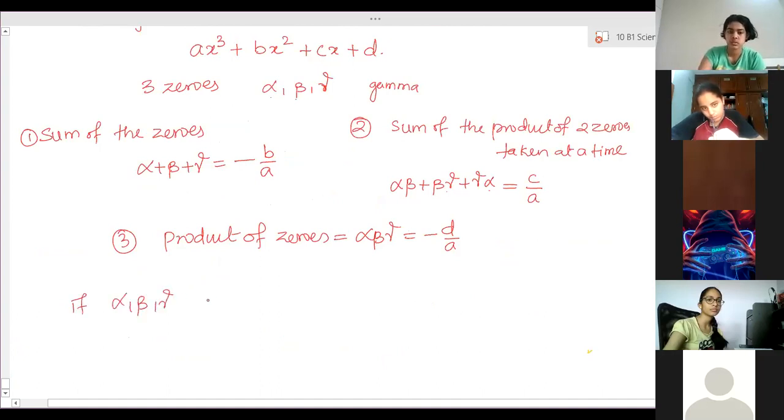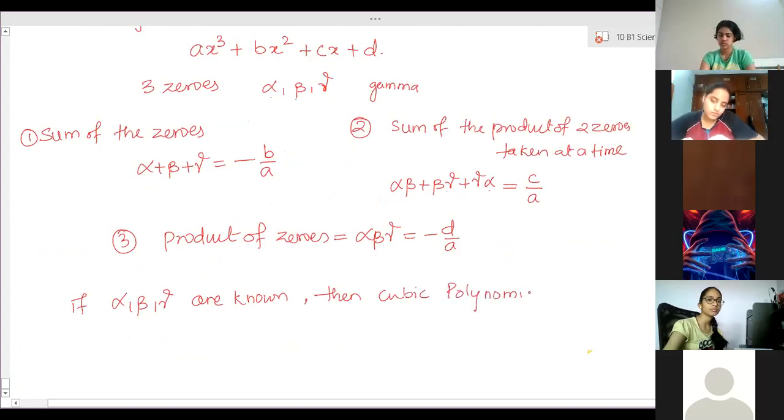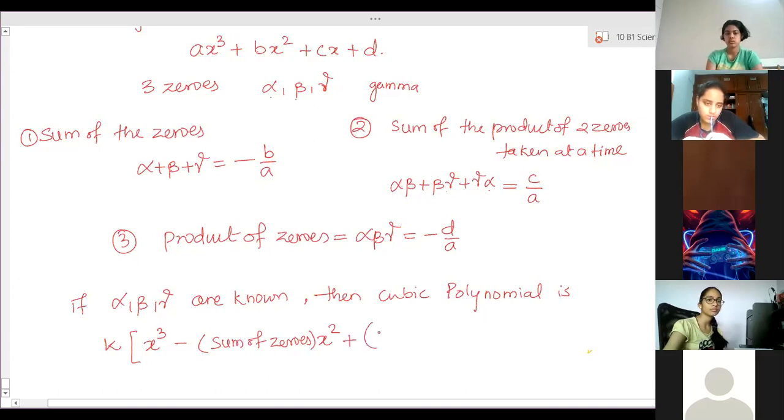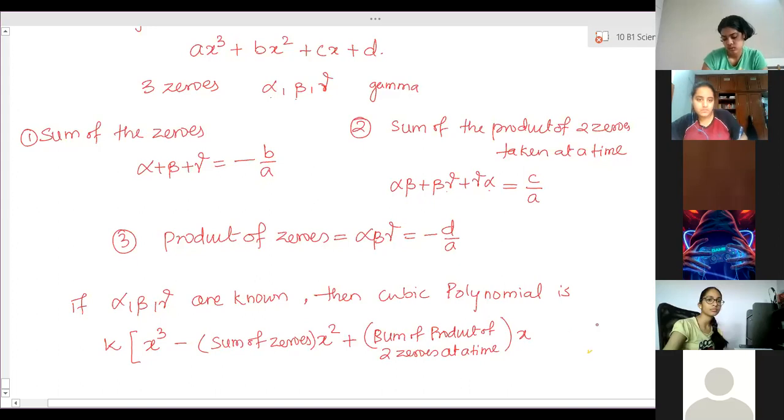Then if alpha, beta, gamma are known, forming the cubic polynomial is: x cube minus sum of zeros into x square plus sum of product of 2 zeros at a time into x, minus product of zeros.